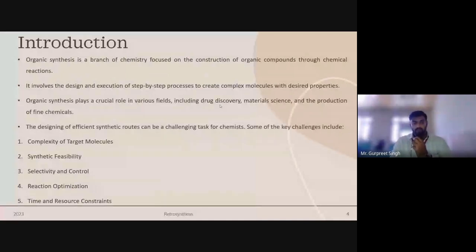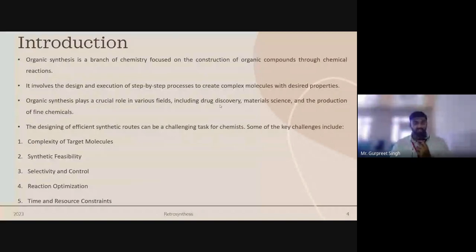We must know about these things. Then the synthetic feasibility: whether it is easy to synthesize, how many steps it will take, whether these steps are easy to control, and what their selectivity and control over the reactions should be.